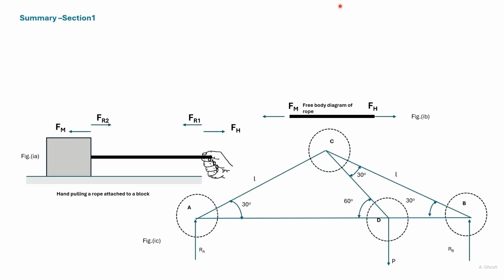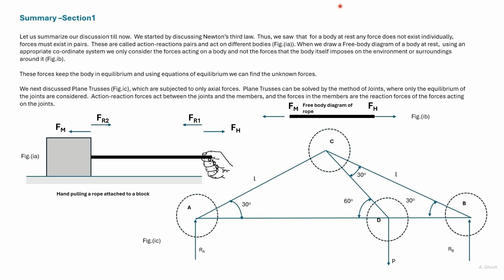Now let us look at the method of joints. To start with, we find out the external forces in a truss. Then we consider the equilibrium of a joint such as joint A. Using the equilibrium equations, we can find out the force that acts at the joint A due to the bar AC and due to the bar AD.